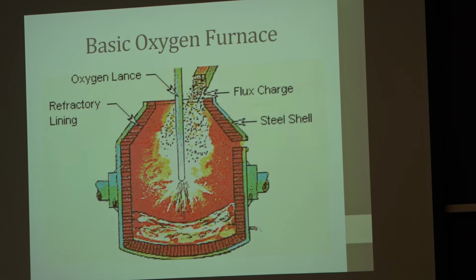And you get lots of surface area with all these oxygen bubbles burning off the carbon, forming CO, and you have a huge flame shooting out of here, carbon monoxide just burning off in the air. You throw some flux and other stuff in here, and you can make 300 tons of steel in 20 minutes. Doesn't take you 24 hours to make 450 tons. You can make 300 tons in 20 minutes.